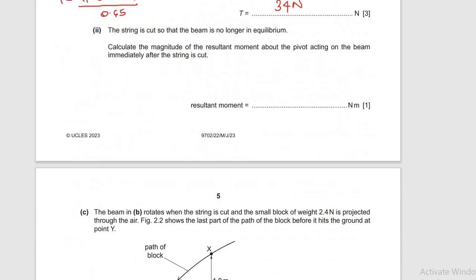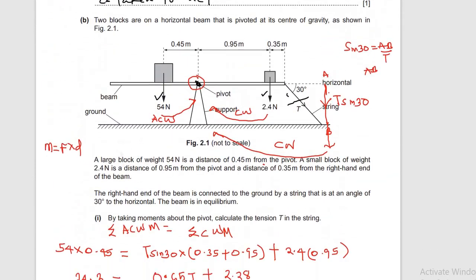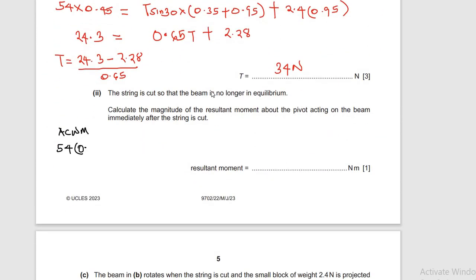So the question now asks us to calculate the magnitude of the resultant moment. In this case, we have the forces on the beam now. Most likely there will be the anti-clockwise moment on the left, which is 54 times 0.45.